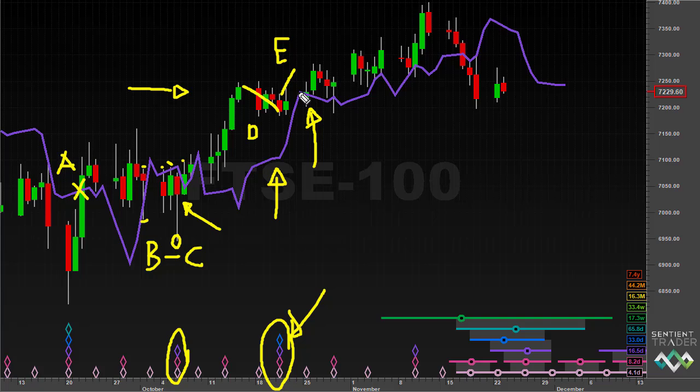Remember, a very important aspect of Hurst's approach to the markets was that the cycles that he had found influenced those markets according to calendar time, not trading time, which is why Sentient Trader charts always display the weekends on the chart. It was a very important fundamental concept, if you like, of the cycles that he discovered. And so this interaction on this Monday over here is a little bit of a side swipe, in my opinion. It's not really a genuine interaction.